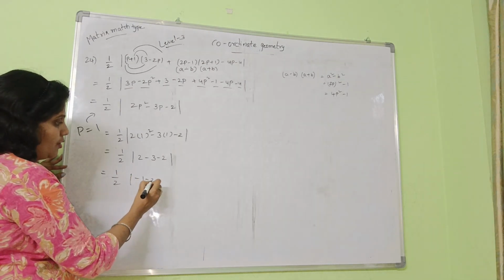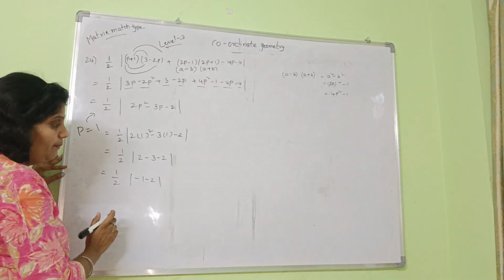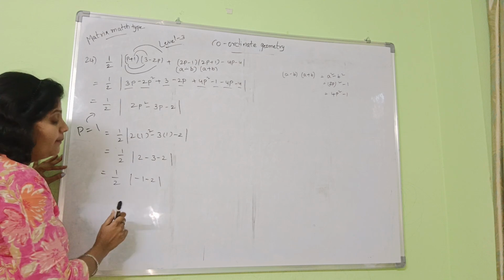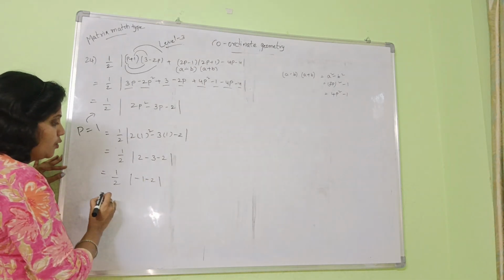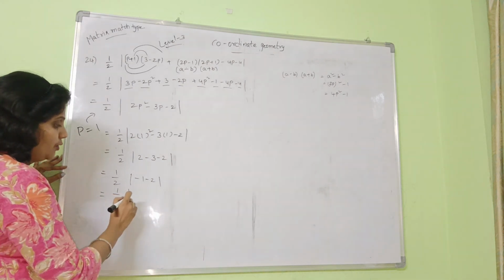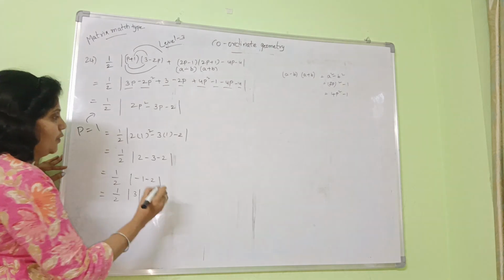Minus 1. Minus 2. How can we say? If one is plus and one is minus, we should do the subtraction, and also for 2 minus 3, we should do the subtraction and keep the sign of the greater number. Okay. So two same signs, what should we do? We should do addition and keep the negative sign. That is, the answer is 3 by 2.